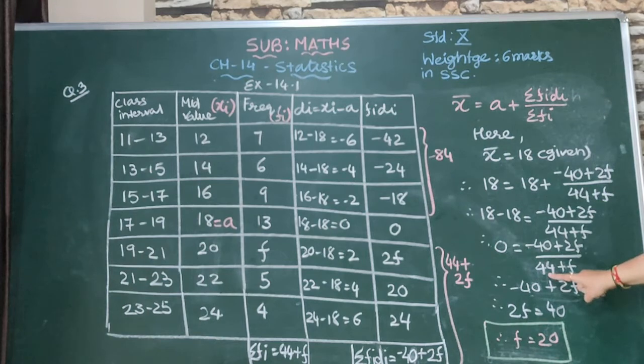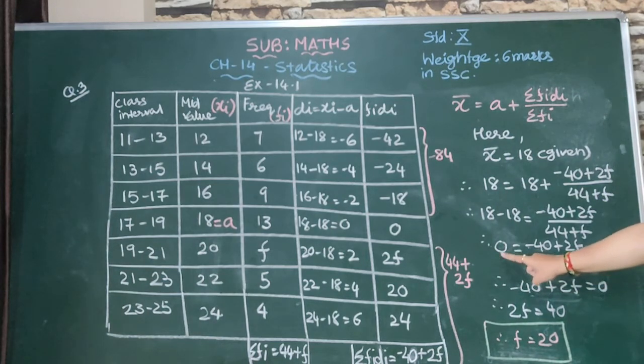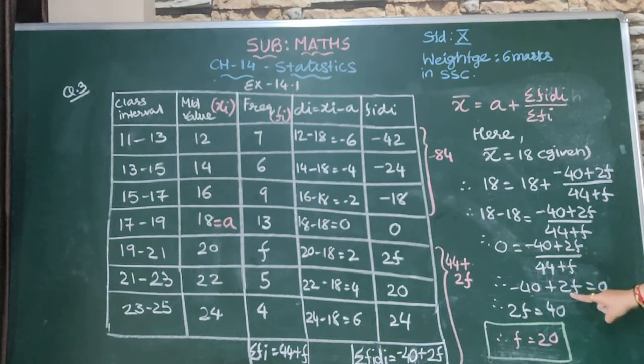Now this 44 plus f, as it is the denominator, if we do a cross multiplication, it will multiply with 0. Again, any number multiplied with 0 is 0. So this whole value becomes 0 now, and therefore finally we get minus 40 plus 2f is equal to 0, and therefore 2f is equal to 40 and f is equal to 20.